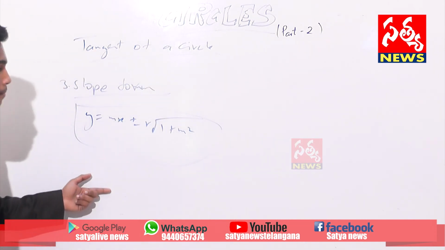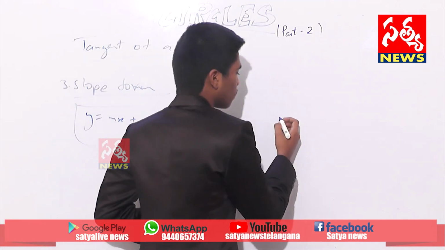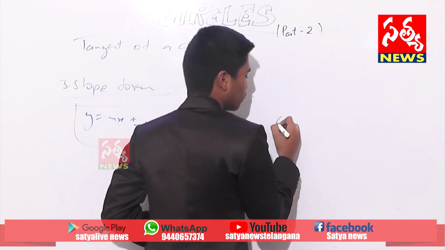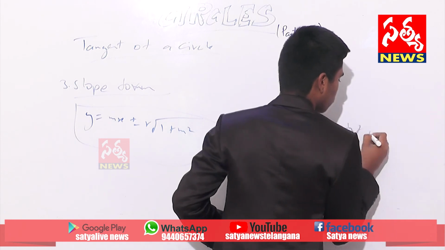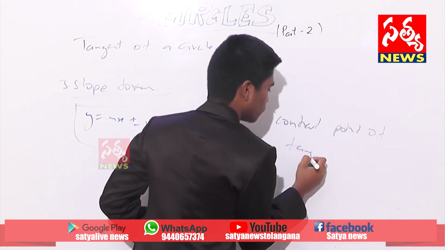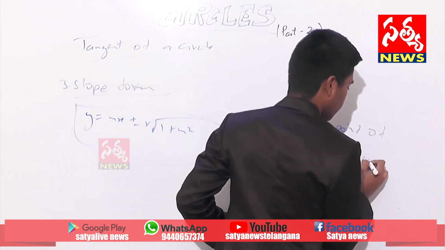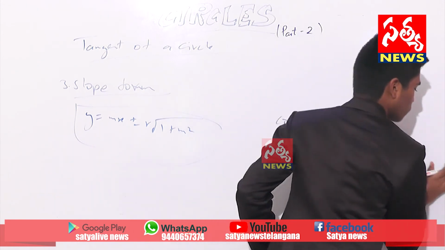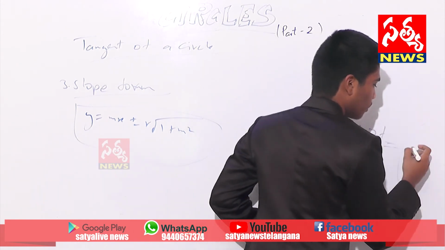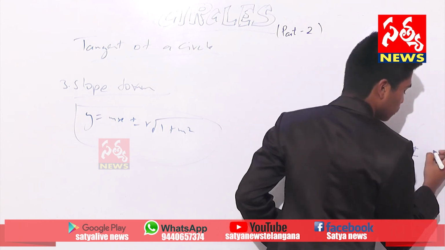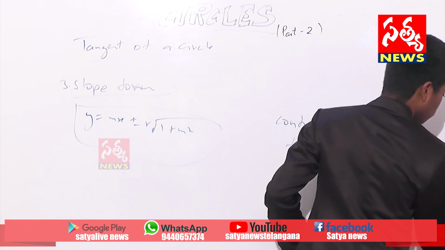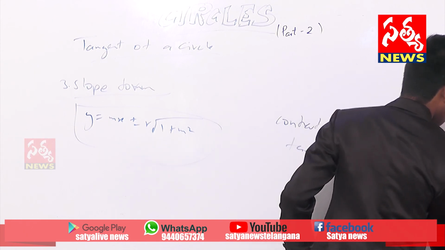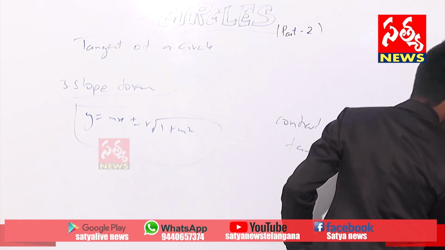And from this, we can derive the contact point of tangent and circle, which has the formula plus or minus rm by under root 1 plus m square, comma plus or minus r by under root 1 plus m square.